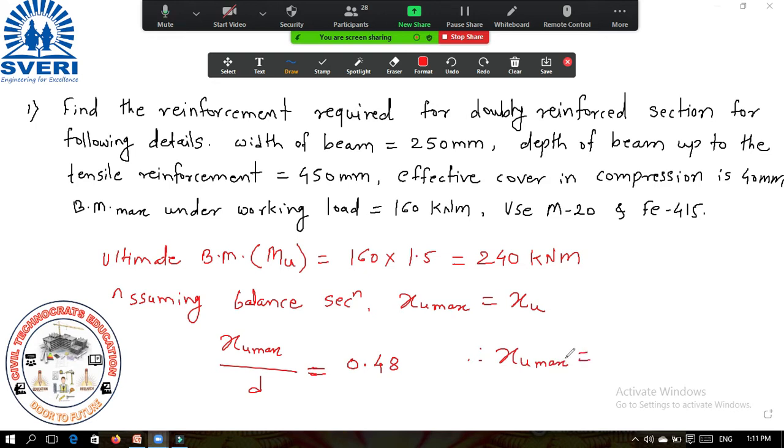Therefore Xu max is equal to 0.48 into d. The value of d is 450. If you solve, you will get the value of Xu max. You write it down simultaneously with me.